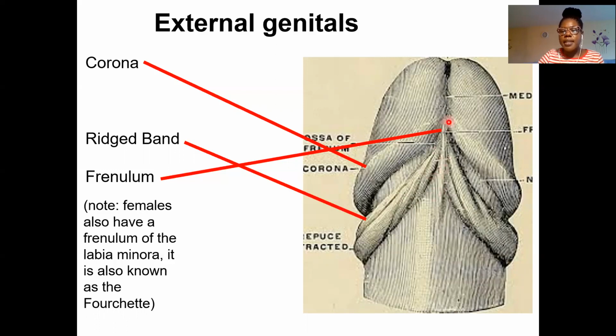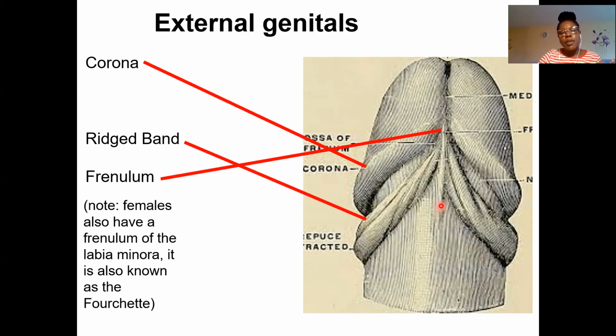So the frenulum is this strip or ridge of tissue that is connecting or anchoring the prepuce to the center of the base of the penis here. So this is the external urethral orifice, and towards the base of that, we can see the frenulum just anchors the prepuce and keeps it stabilized towards the base of the penis.